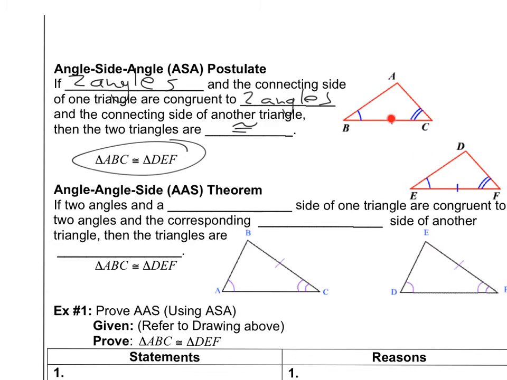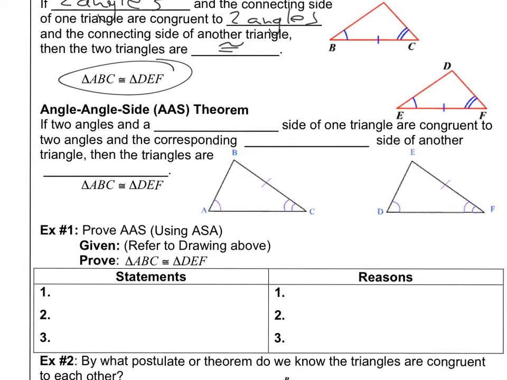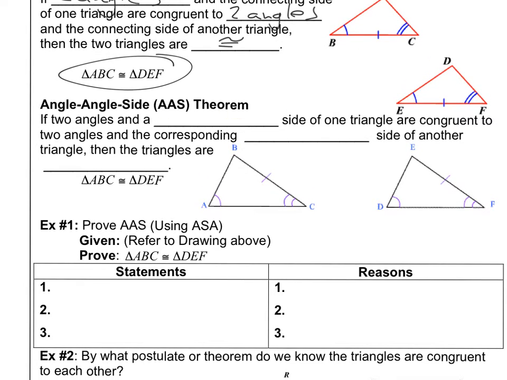So the 2 triangles match up completely. The whole thing must match up. So that's ASA. And one more here is AAS.